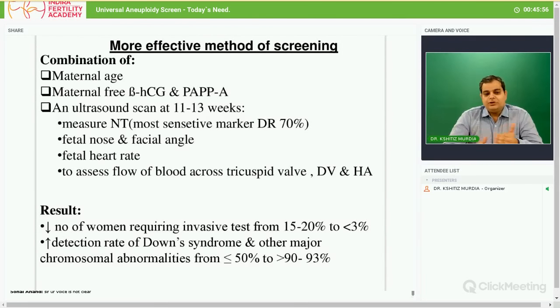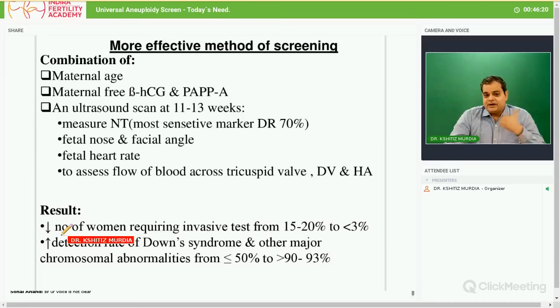But if you keep on including pure USG markers like presence of the nasal bone, facial angle, fetal heart rate, flow across the tricuspid valve, ductus venosus, and hepatic artery, then you can further enhance your detection rate to as much as around 95 to 97% with a false positive rate of 2.5.